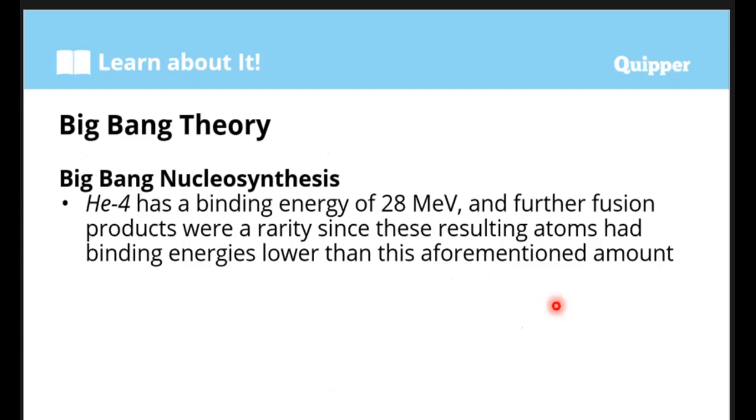So this particular helium-4, as an isotope of helium, its capacity to undergo nuclear fusion with other elements or subatomic particles is very rare, since the binding energy of helium-3, of deuterium and tritium is lower than the helium-4.